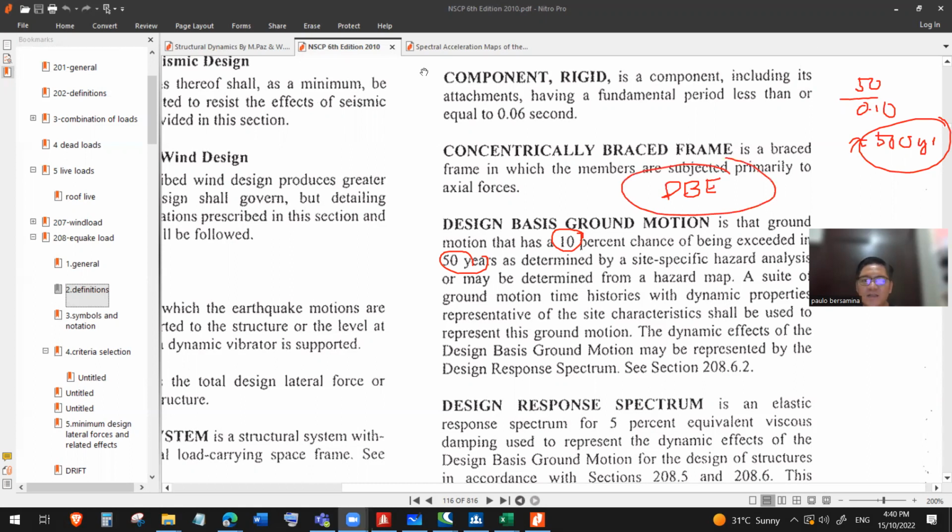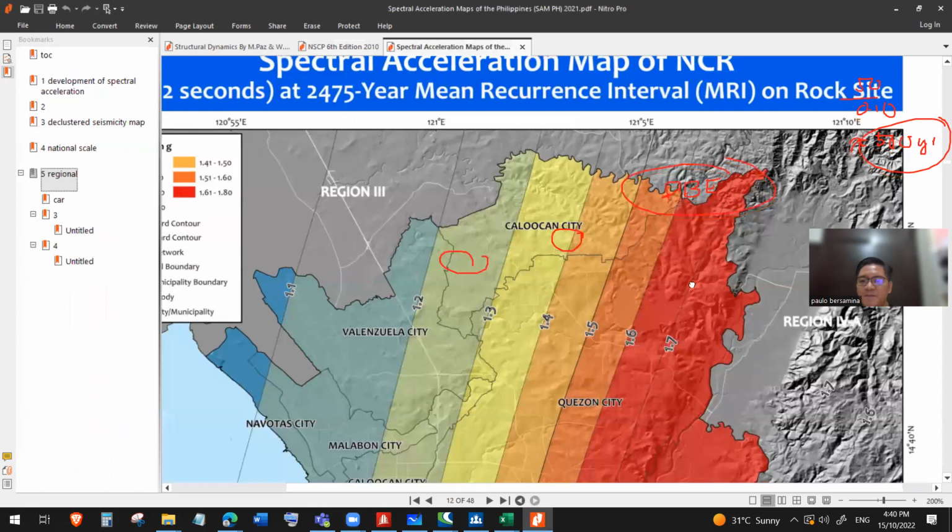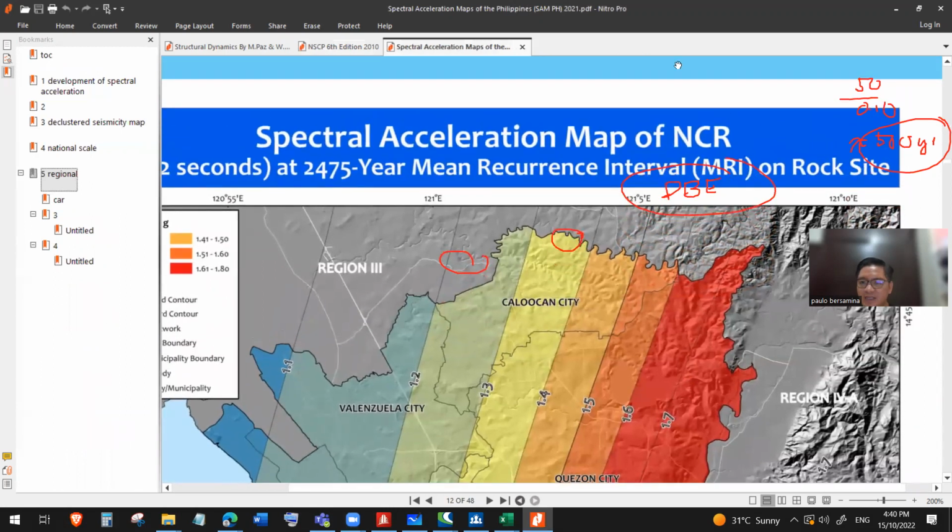Okay? While this data is MCE. Okay? This is MCE. So from MCE, i-downgrade natin itong value into DBE. From 2,500 year return period, gagawin nating 500-year return period. Okay? Well, syempre, ginawa ito because yan yung standard.